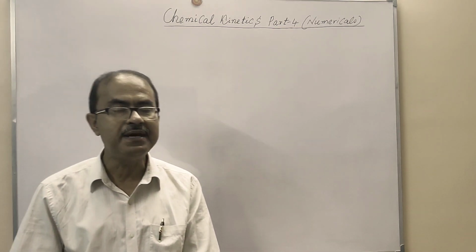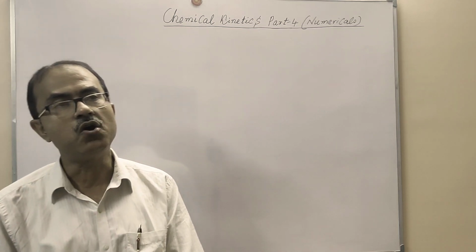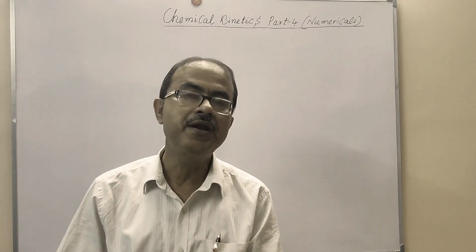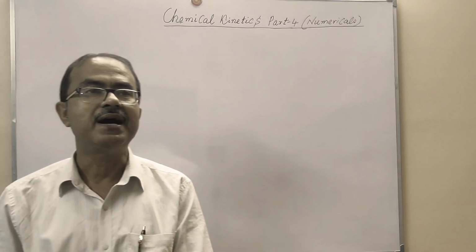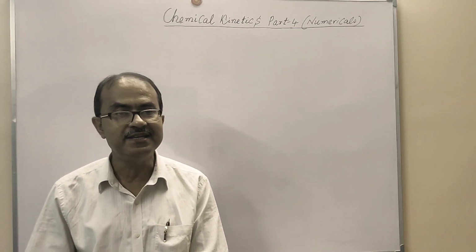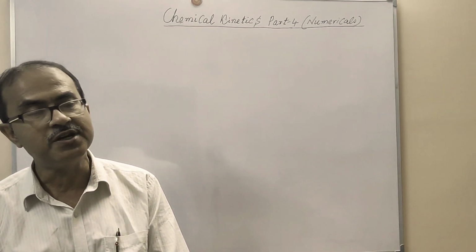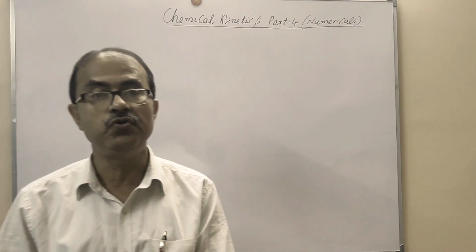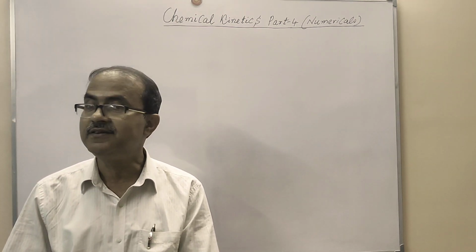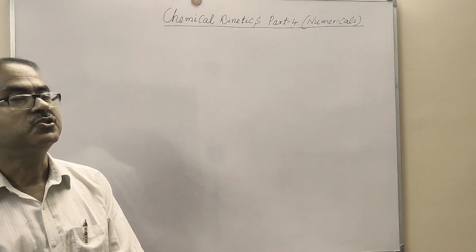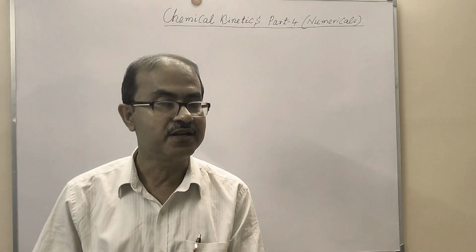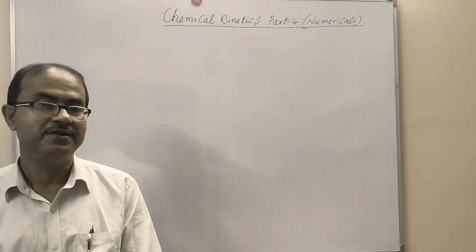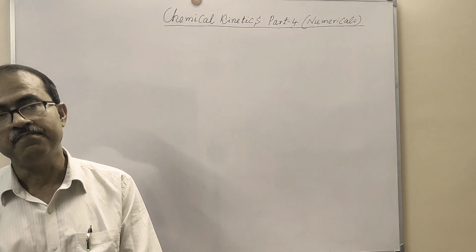From the balanced chemical reaction you cannot find out whether the order of the reaction is the stoichiometric coefficient or not. And most of the time you will find that it never matches the stoichiometry of the reaction. So it is determined experimentally.